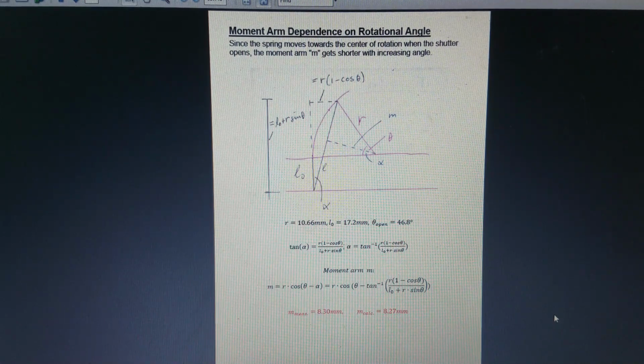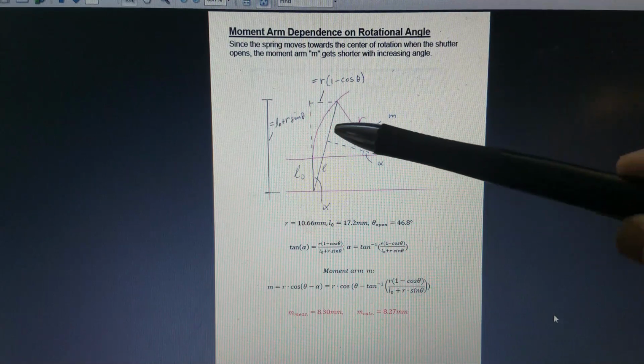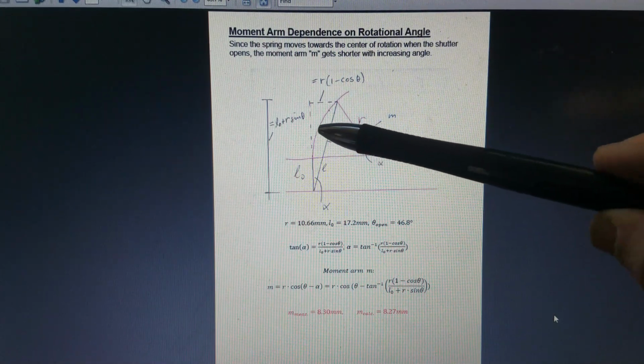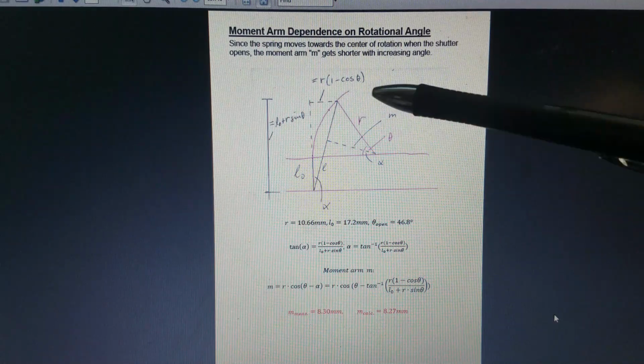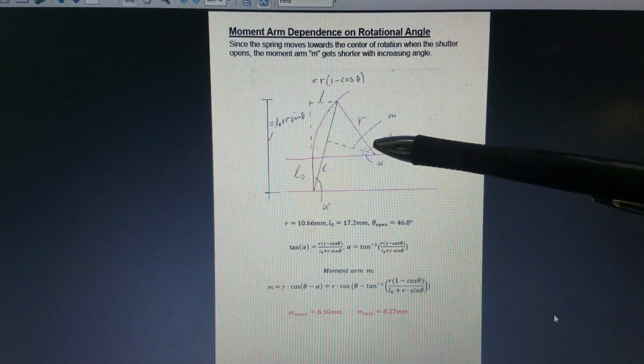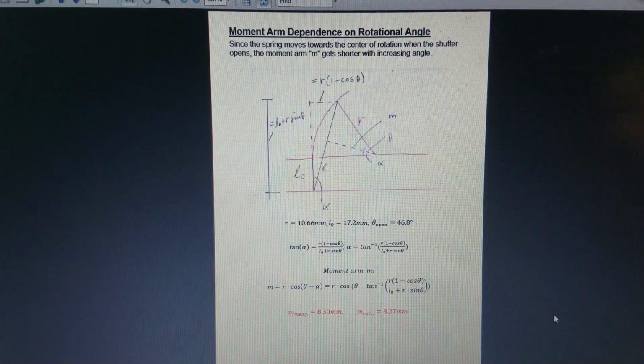So the moment arm M is this length, and that is r times the cosine of angle theta minus alpha.